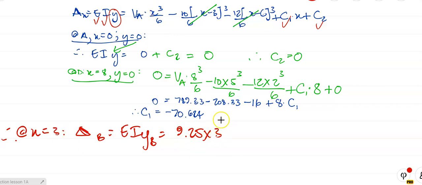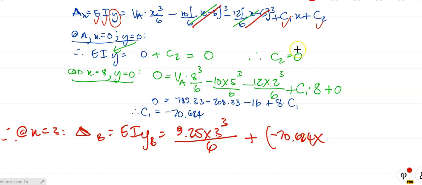So it's 3 cubed over 6. 3 minus 0, so that's going to be 0, so that's out. 3 minus 6 is minus 3, so that's going to be out. Rules of Macaulay, plus C1, and what's C1 equal to? C1 is equal to minus 70.625 times x, which is 3, and plus C2 is equal to 0.